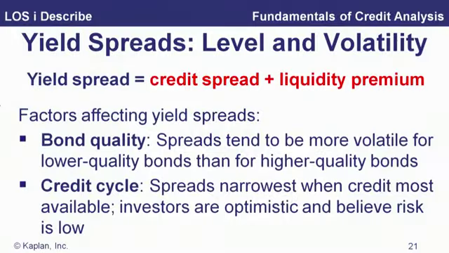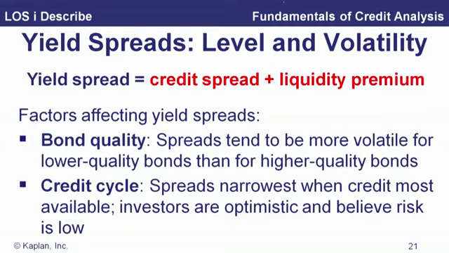Okay, yield spreads. What about the level and volatility of yield spreads? Well, we talk about these yield spreads as having components of the credit spread and liquidity premium. Liquidity premium is significant, but it usually doesn't approach the significance of the credit spread. And what are the factors that are going to affect these? Well, the bond quality.